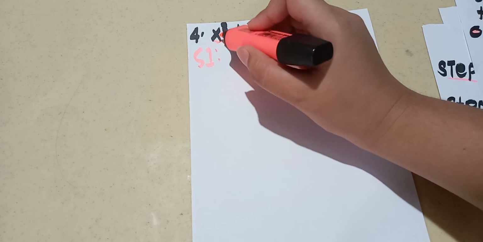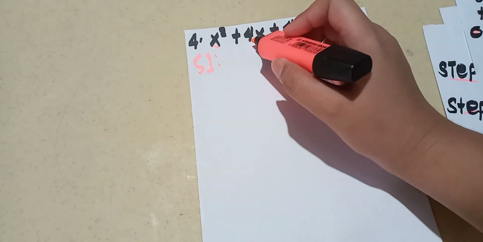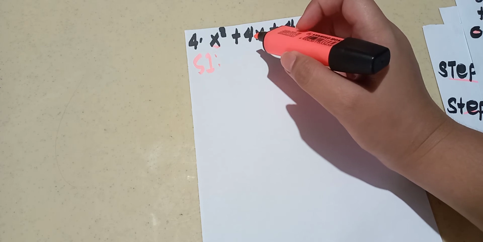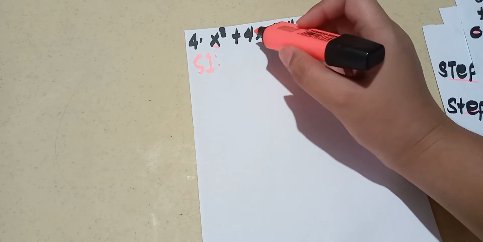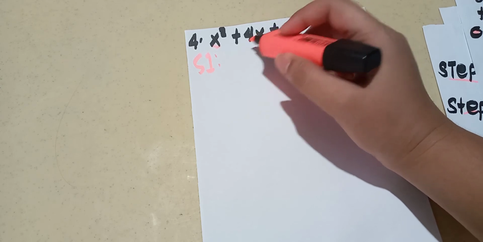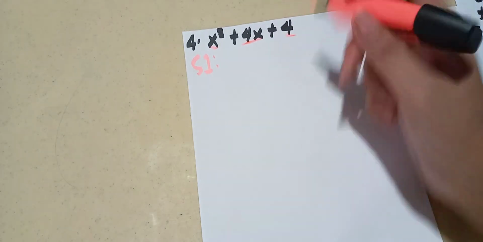Yes. Is the last term a perfect square? Yes. Is the middle term twice the product of the first and the second term? Yes, because 4 is also a perfect square.